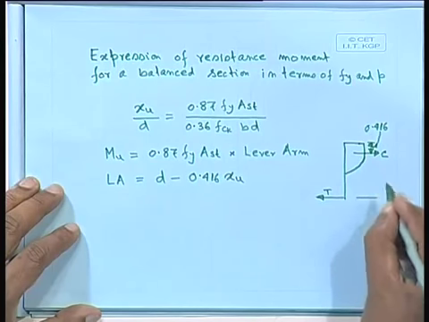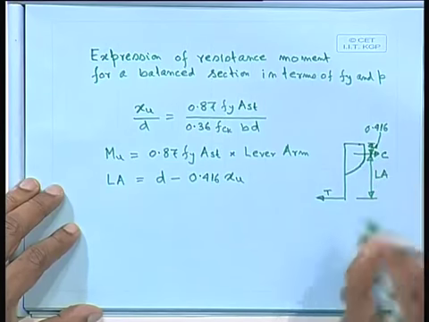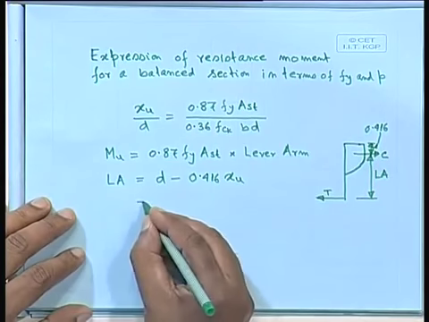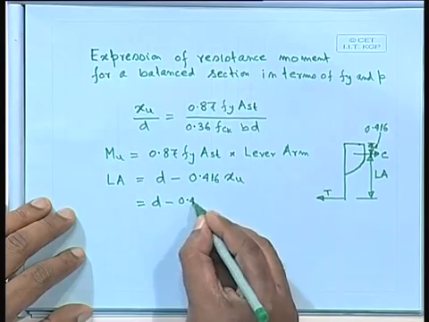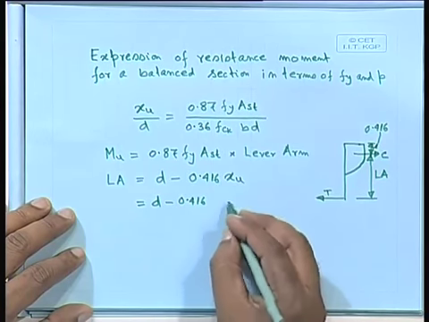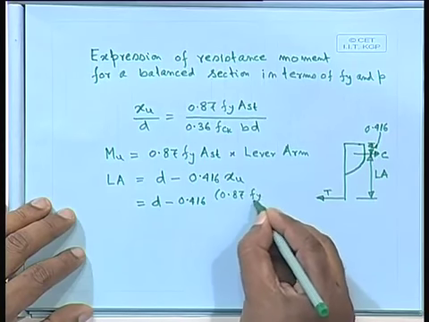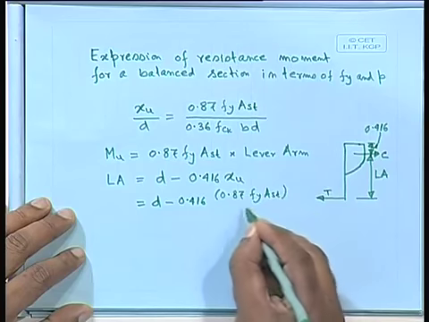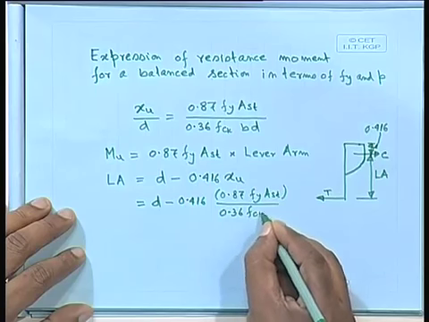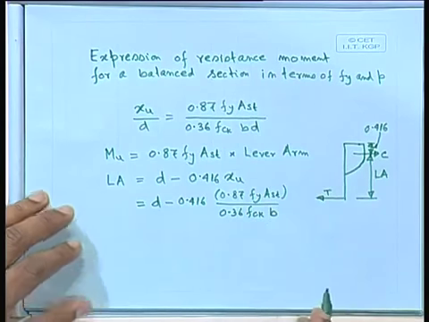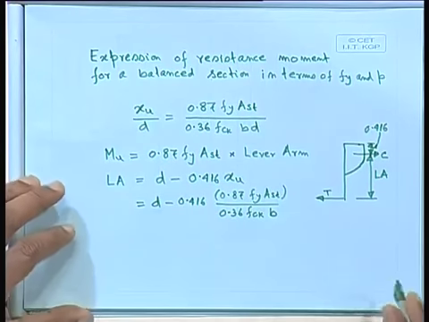And lever arm equal to d minus 0.416 times xu, where xu is 0.87 fy Ast divided by 0.36 fck times b. We are getting this xu, we are putting it here and we can find out the lever arm.